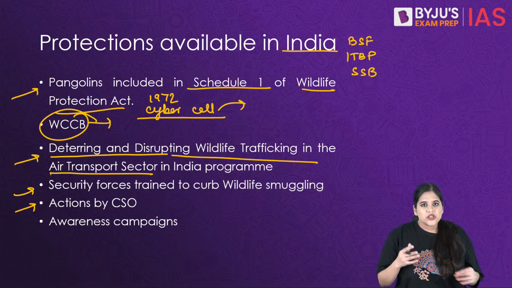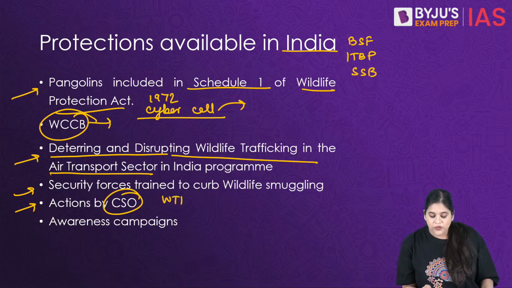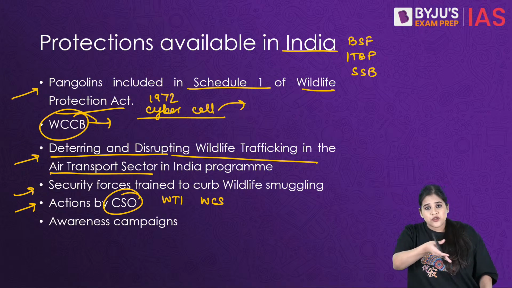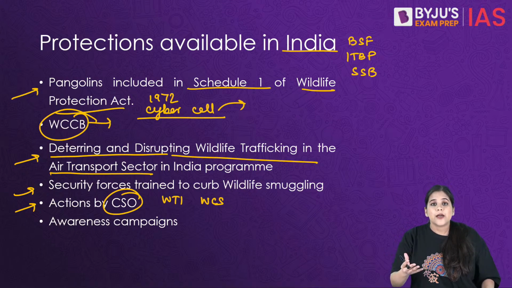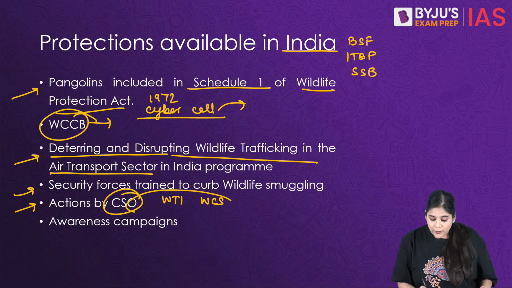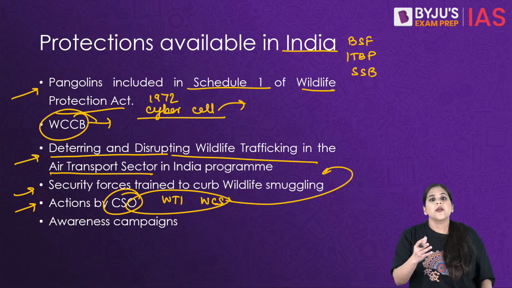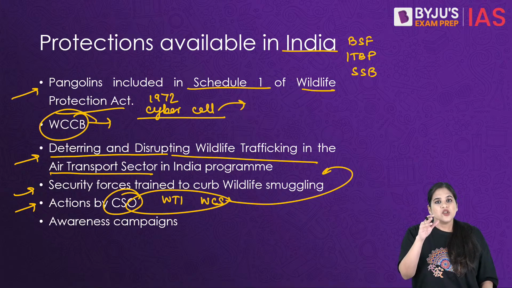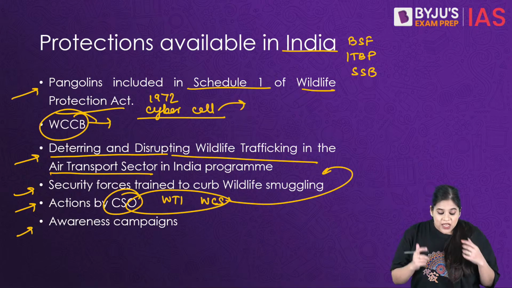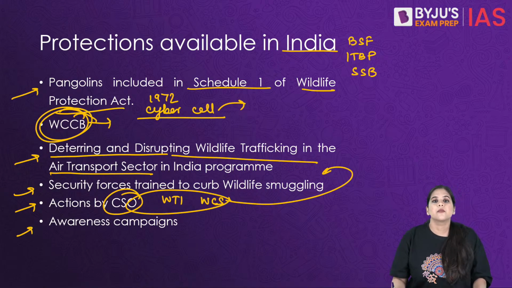There are also actions by various civil society organizations like Wildlife Trust of India, Wildlife Conservation Society, TRAFFIC, which released this report, and WWF India. They are conducting various activities. They are also helping in training police personnel and army personnel regarding how trafficking can be stopped. Moreover, multiple awareness campaigns are run by various CSOs in collaboration with the Wildlife Crime Control Bureau.